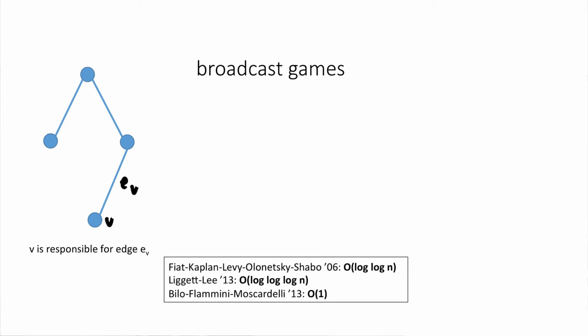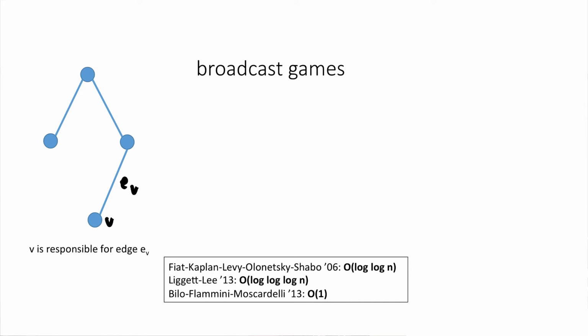But without going into all these results, let me say a little bit about why this is a much easier situation to handle. So, imagine that I have a vertex v that is routing traffic to the gateway node using an edge E sub v. Now, the interesting thing is that I can tie this edge E sub v to vertex v itself.